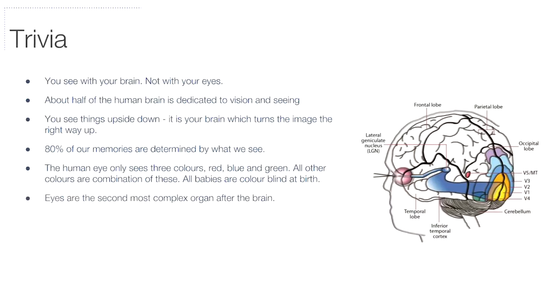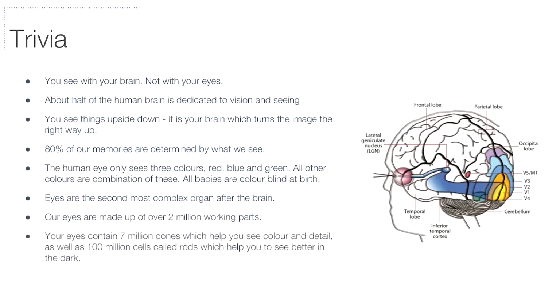Eyes are the second most complex organ after the brain. They're made up of 2 million working parts, about 107 million cells in those 2 million working parts: 100 million cells are called rods, 7 million are called cones.